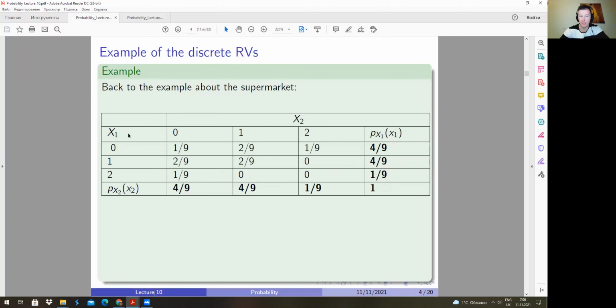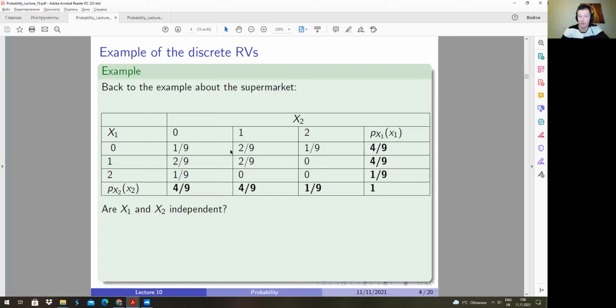Because the number of people at the first counter and the number of people at the second counter must be somehow connected. When you have more people here, you have fewer people here, because there are only how many? There are three clients in the supermarket. That's why, well, there is some dependency.